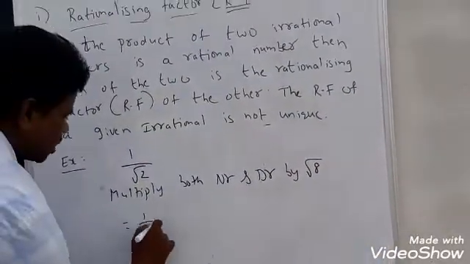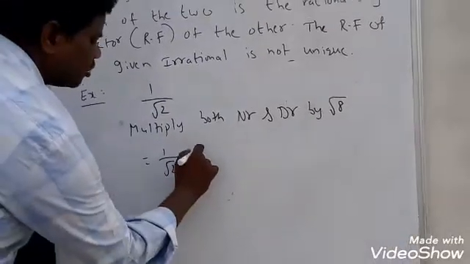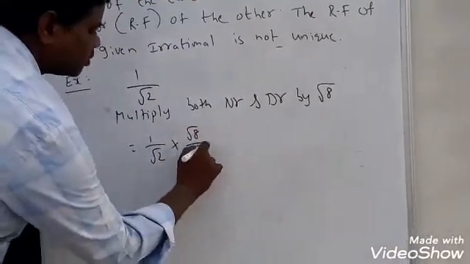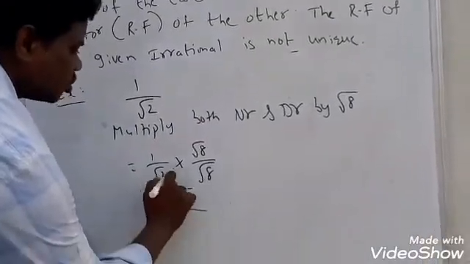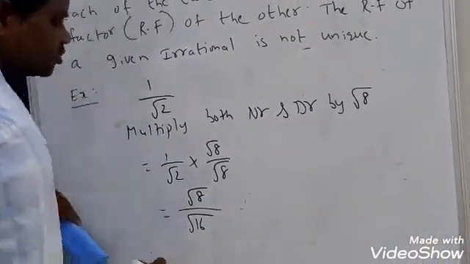That means 1 by root 2 into root 8 by root 8. That means 1 into root 8, which is root 8. Root of 2 into 8 means root 16.